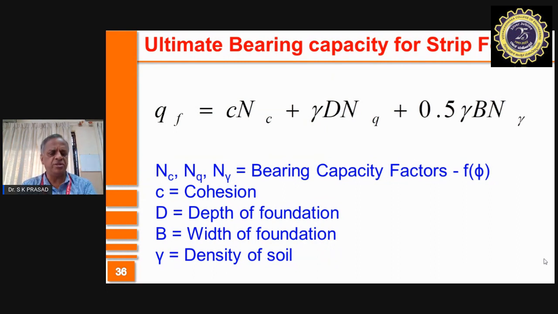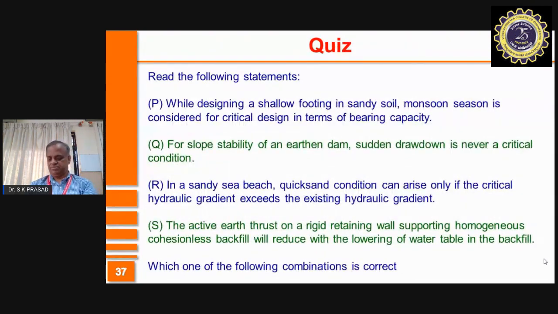Then you have cohesion, depth of foundation, width of foundation, and density to be taken into account. This equation holds good for strip footings. In case the footing is of different shape, the coefficients behind Nc, Nq, and Ngamma will have slightly different multiplication factors to be considered.